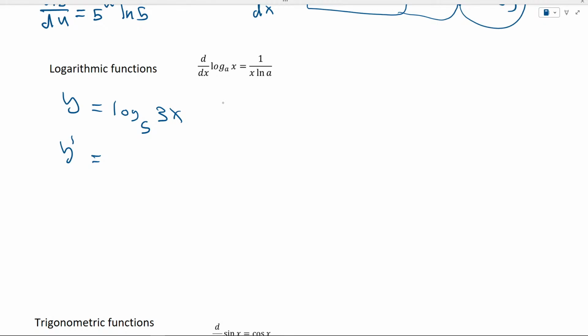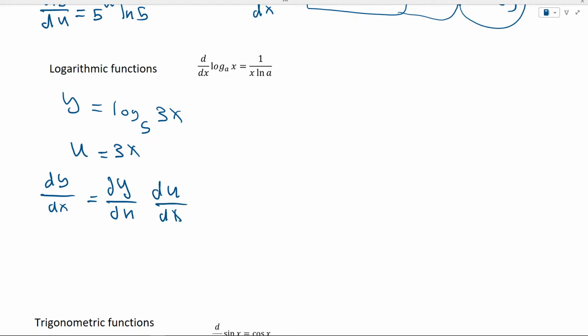Or do you want to do it step by step? Okay, since you're still not familiar with it, I'll do it one more time, step by step. So I will say u is equal to 3x, and then dy over dx is equal to dy over du times du over dx.